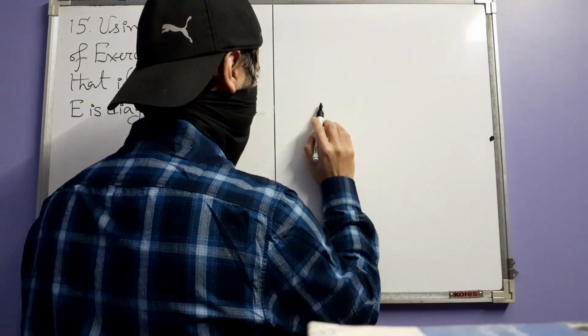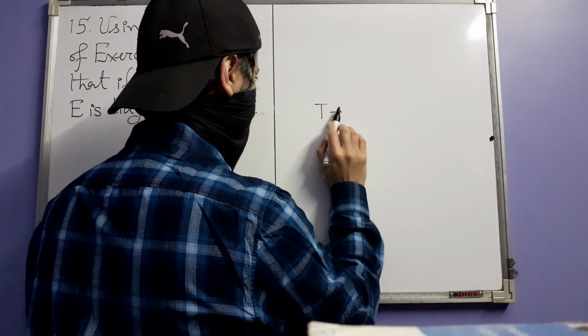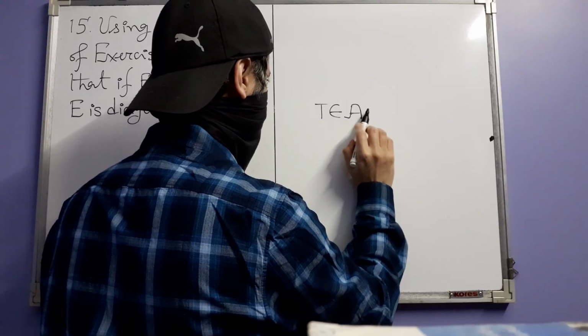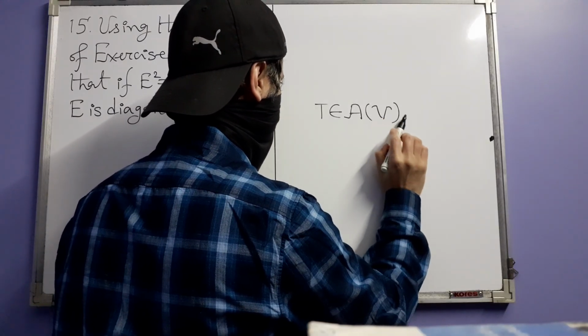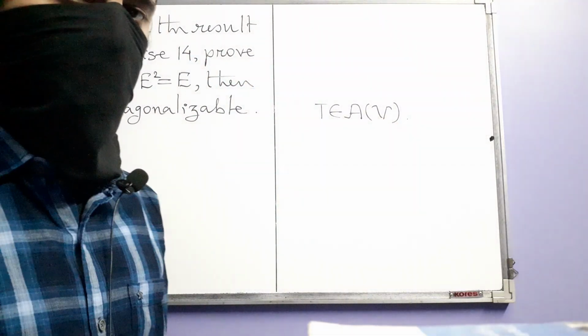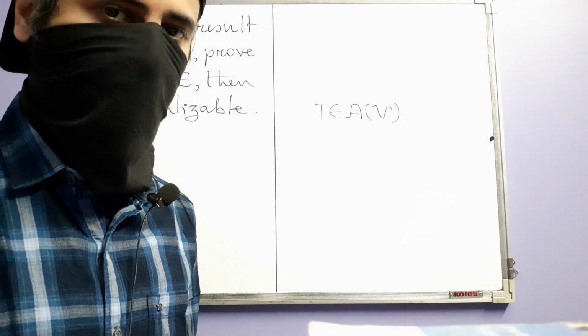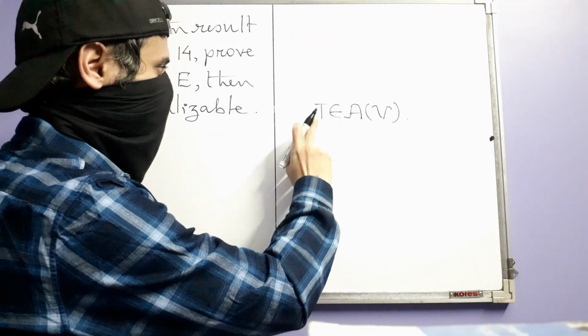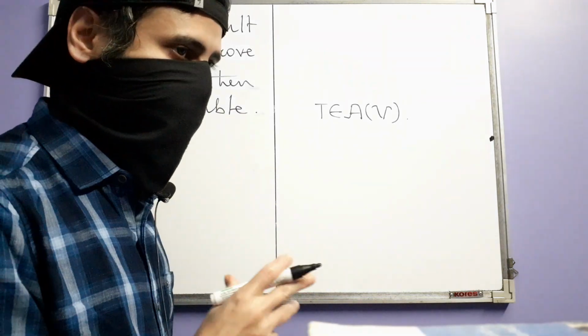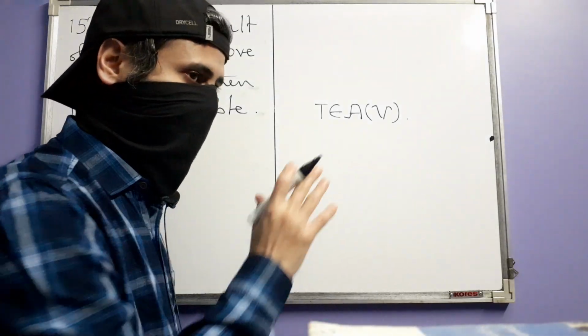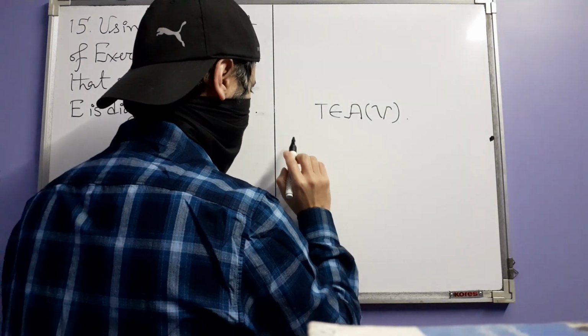In exercise 14 we had a linear operator T on V, all of whose characteristic roots lie in F. Then it is diagonalizable if and only if the following implication is true. What implication?